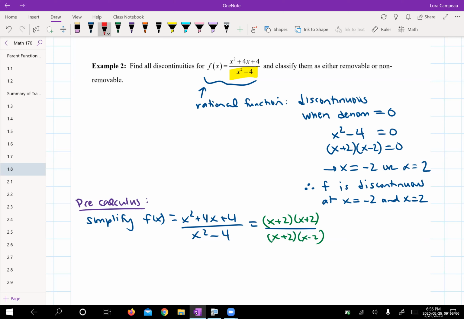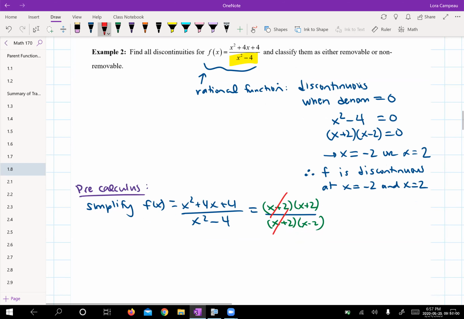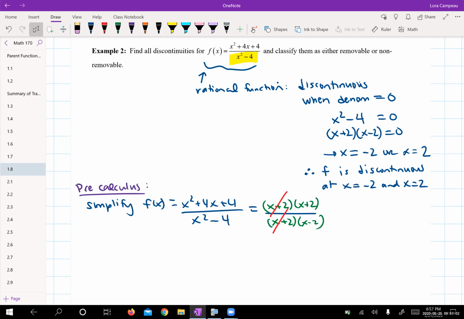And we see that whenever you end up dividing out a common factor, we used to call these holes. So a little note there. Anytime we divided out a common factor, we would note that this is a hole.